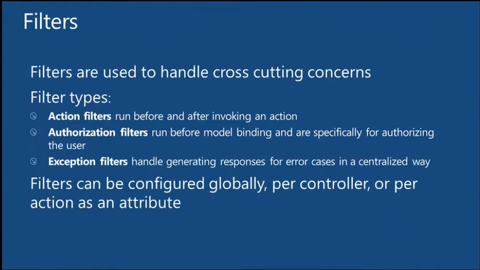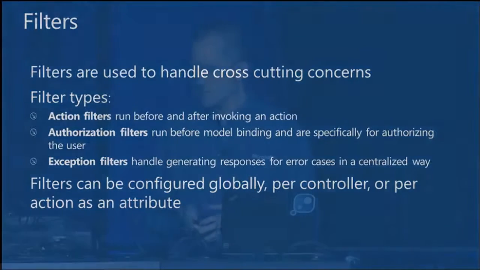At the very end of the pipeline, if there's an exception that's occurred and no one's handled it, you can plug in an exception filter as a way to say, if an exception has occurred and no one's handled it, return this HTTP response message as the error. And filters, just like in MVC, you can configure them globally for the entire app. You can configure them on your controllers, or you can configure them per action.